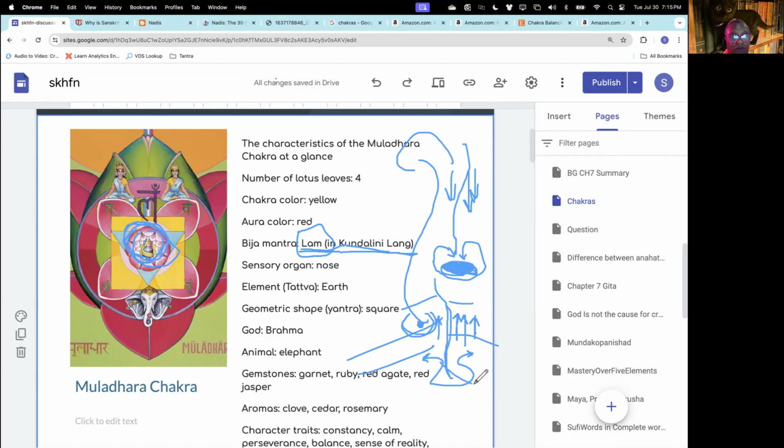Imagine you have a low power wire, low tension wire, and you push the high voltage through it. What happens to that power wire? It burns. Just like that, your entire nervous system shatters.